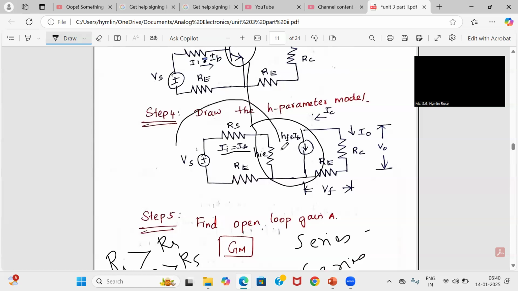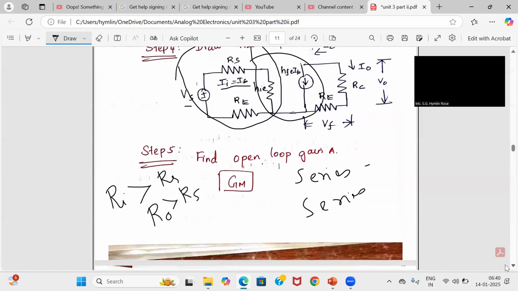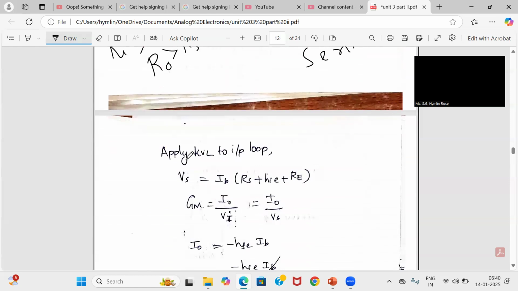In this input side there are three resistances, so Vs is equal to the voltage drop across all of them. Since it is series, it is Rs plus HIE plus Re into the current IB. So Vs is equal to IB into Rs plus HIE plus Re.